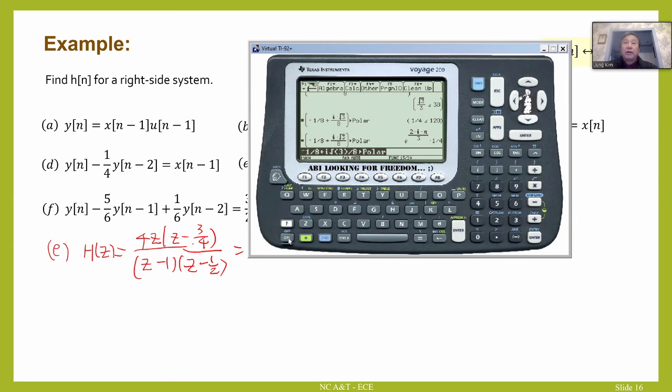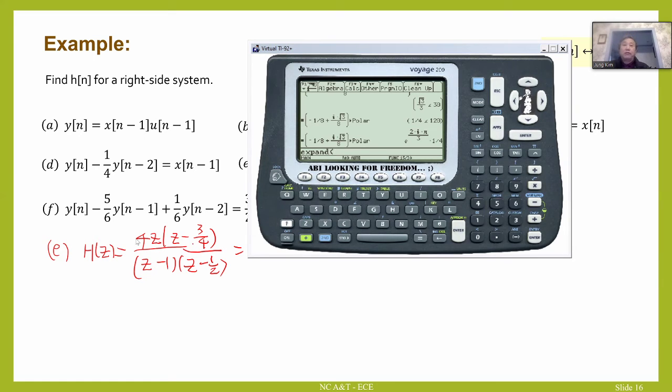So partial fraction expansion is just expanding. You need to eliminate the z, because we expand H of z over z.